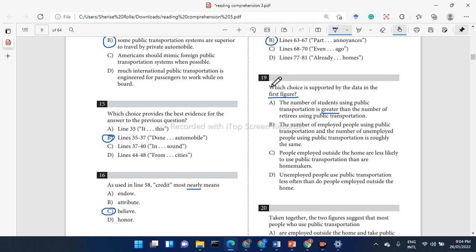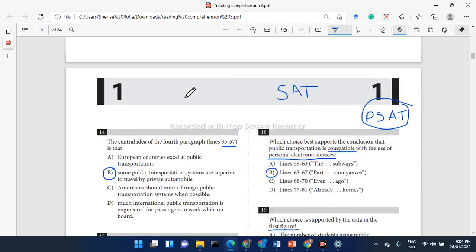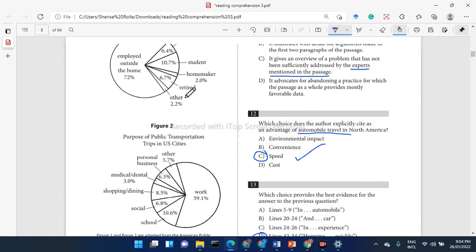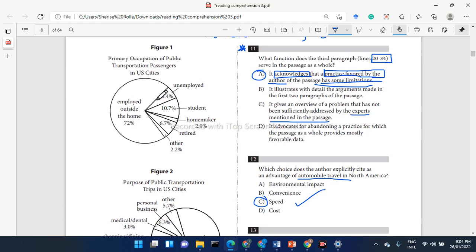So we have to go to the figure to see what it is saying. Let's go to this figure, and if we look carefully, this is telling us the primary occupation of public transportation passengers in the U.S. The people employed outside of the home are 72%.